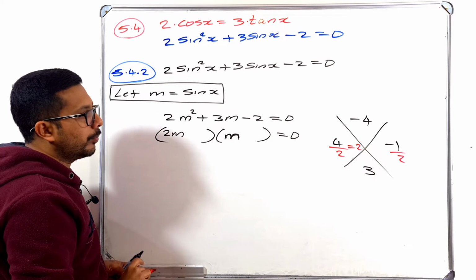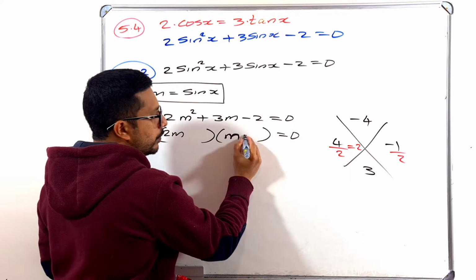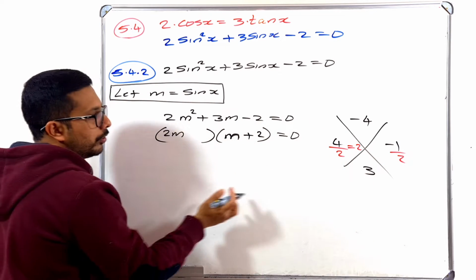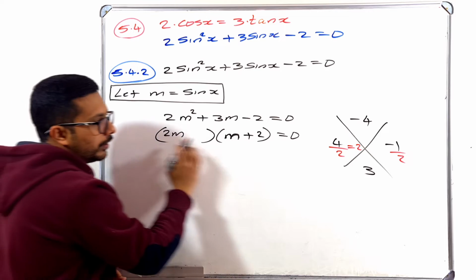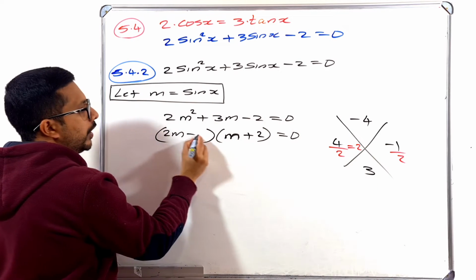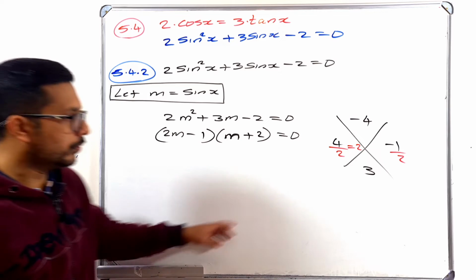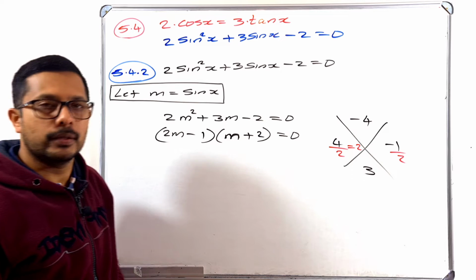I write the 2 as positive, so it is plus 2. And for minus 1 over 2, the denominator 2 goes with m and the numerator gives minus 1, so that is a factor: 2m minus 1.